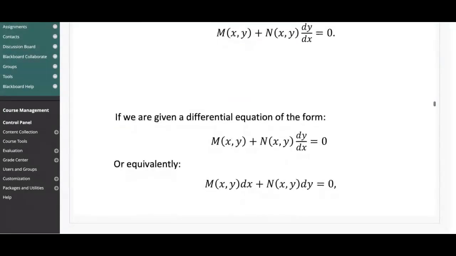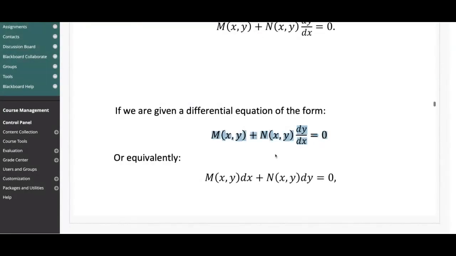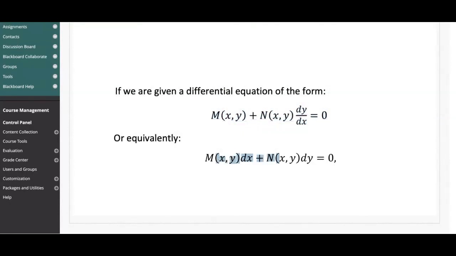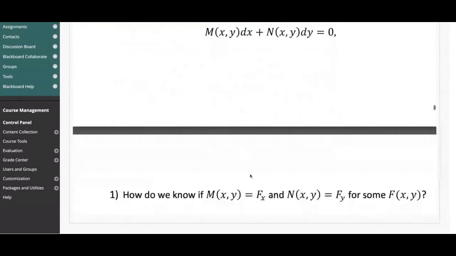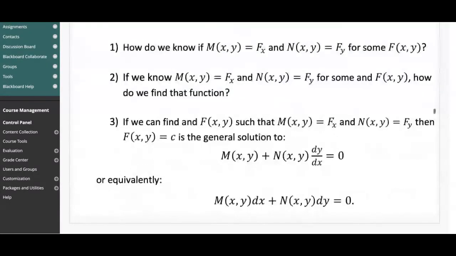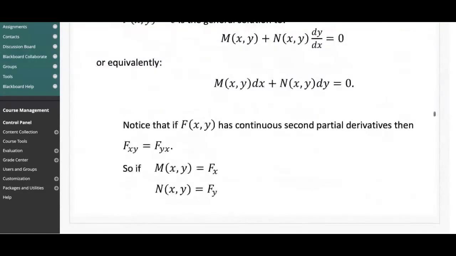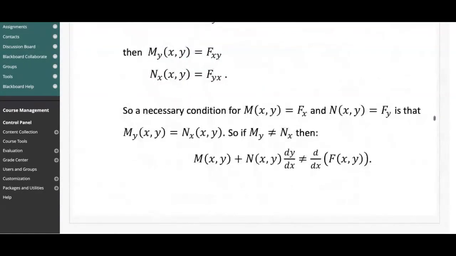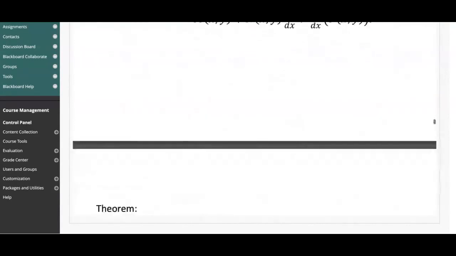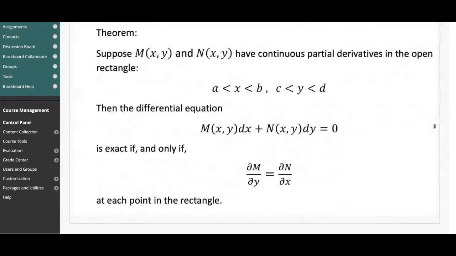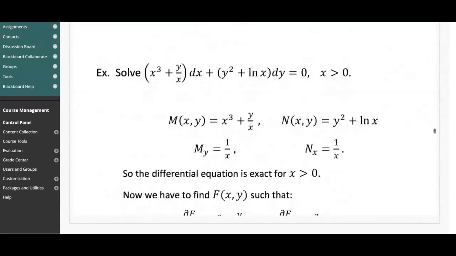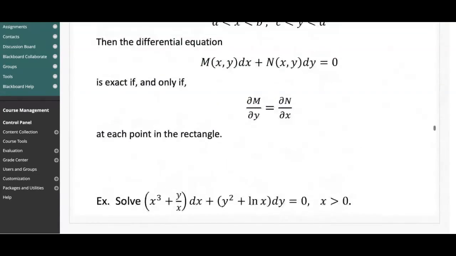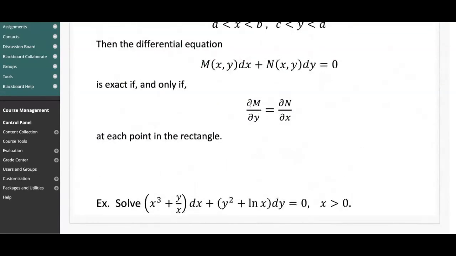And then, if this is true, the mixed partials are equal to each other, then the solution would be, this is just our showing, the solution is a level set of the potential function.